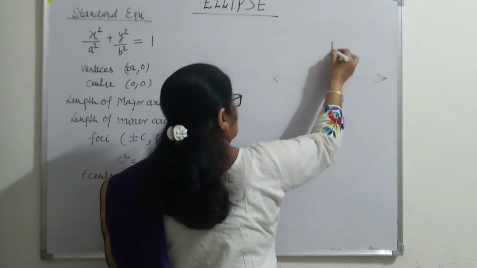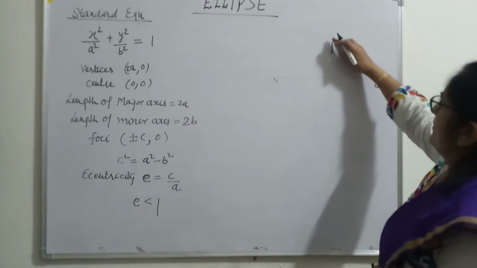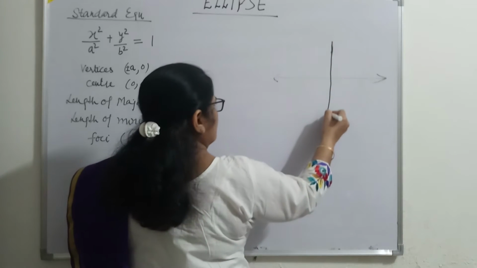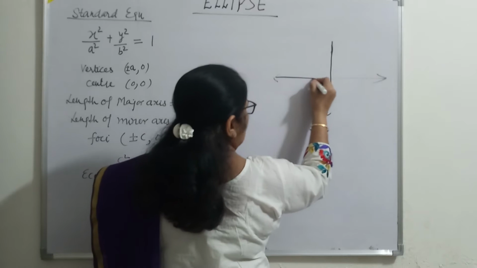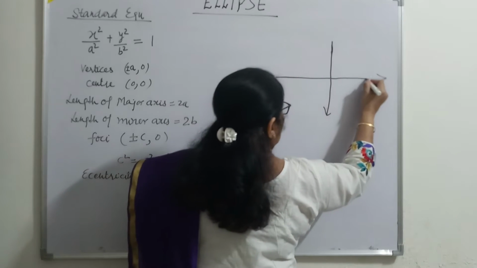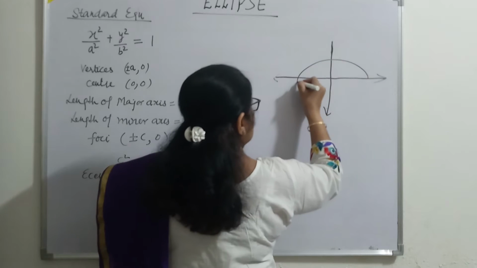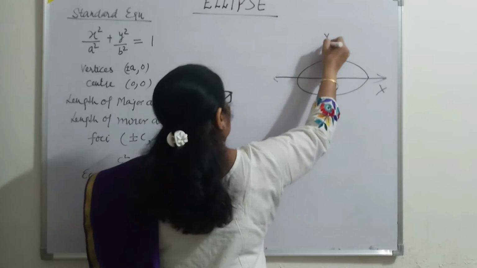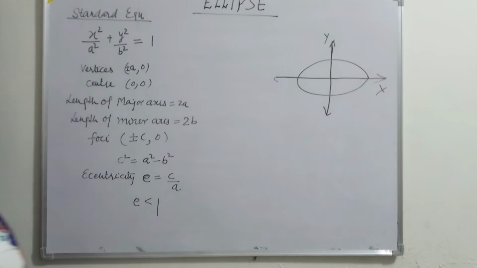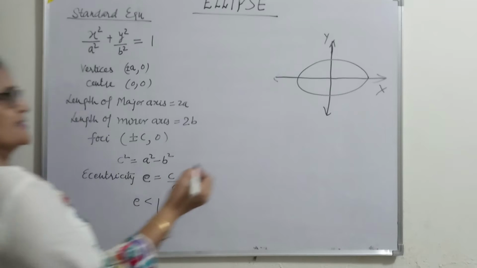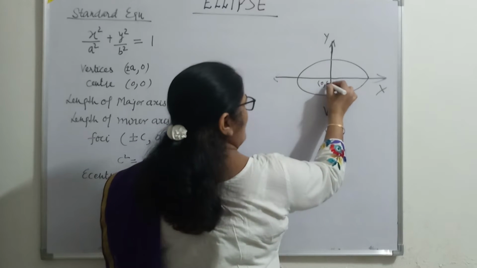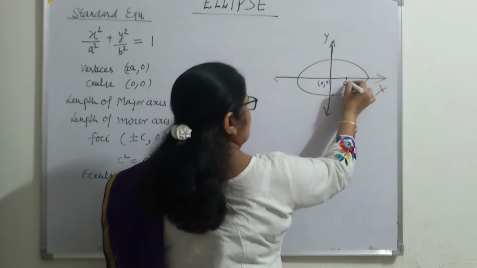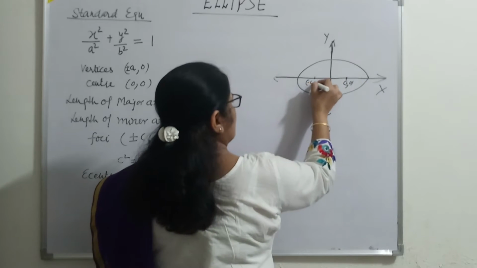This we have taken as the standard form of the ellipse. That means the major axis lies on the x-axis and the minor axis on the y-axis, center at 0, 0 and foci c comma 0 and minus c comma 0.